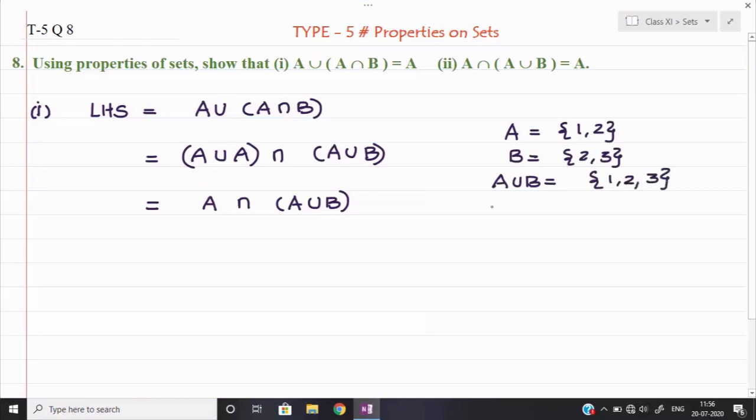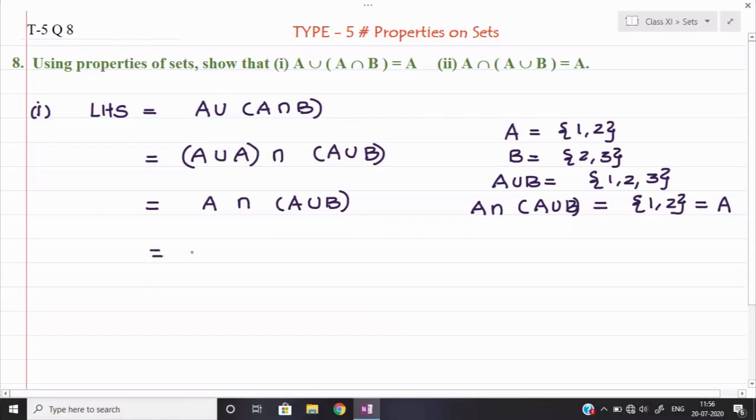Now if I find A intersection with A union B, remember we will take the common elements between A and A union B. The common elements between those two sets are 1, 2, and it is equal to set A. So we can say it is equal to A, and hence we got the right hand side.